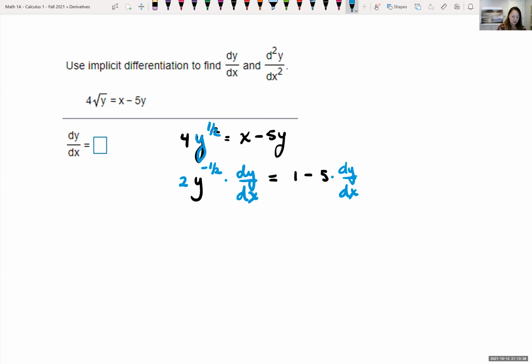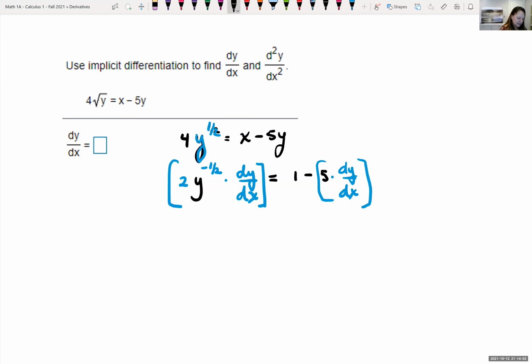So I have two groupings that have dy/dx in them. I want everything that has dy/dx in it on one side of my equation, and then I want to factor it out. I notice I can rewrite the left-hand side by bringing y to the 1/2 power down to the denominator to make that exponent positive.